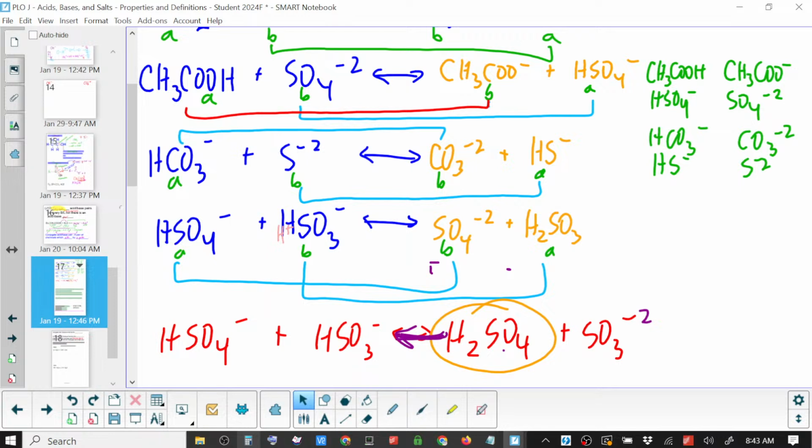Now, if you take out your data tables, as I said, this is the very next section. But we don't expect you to memorize all the strong acids. That would be horribly cruel. Turn to page 6. I might as well put it up on the board. And then tell me what you see at the very top. Look at the shading, what it says.